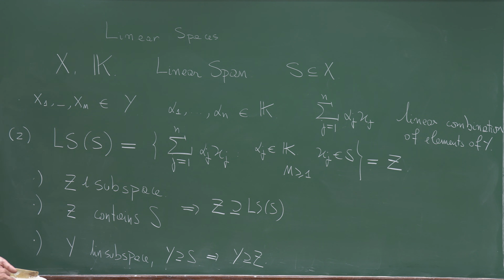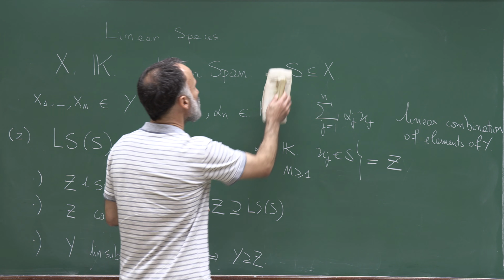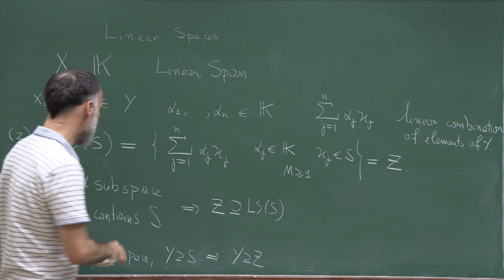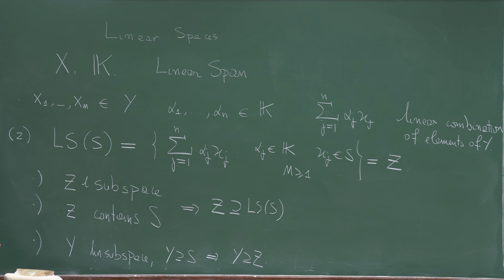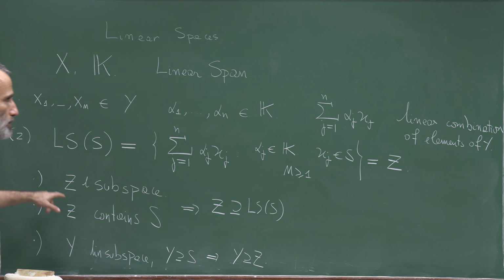So let's prove these three properties here. So first, I want to show that Z is a linear subspace.